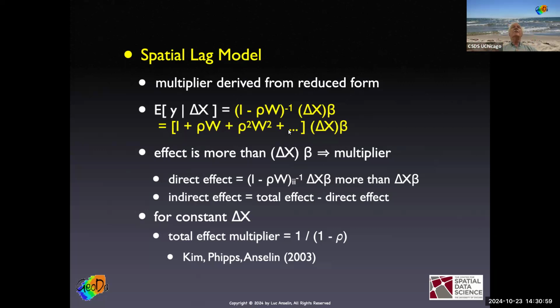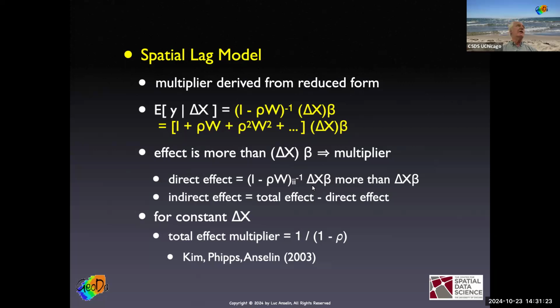The way we do this is it's easy to figure out what the total multiplier is. So the total effect is this multiplier here, 1 over 1 minus rho, multiplied by beta. That's the total effect. The direct effect is actually relatively straightforward to calculate. Then the difference, we call it indirect effect.